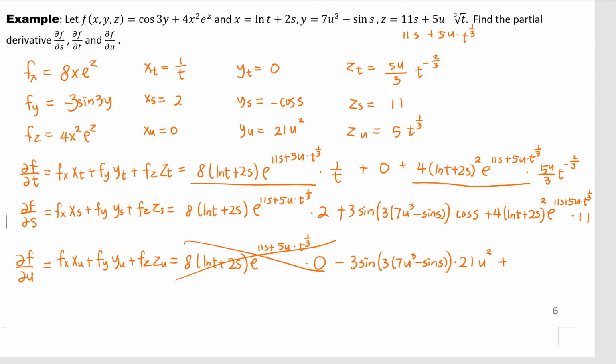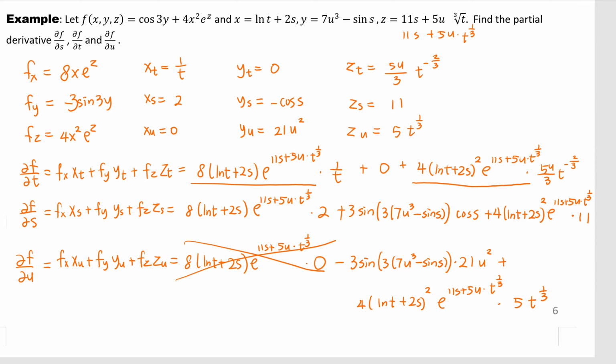Plus, now I don't have enough space, so let's do another line. fz is 4 (ln t plus 2s) squared e to the 11s plus 5u t to the 1/3, times zu, which is 5t to the 1/3. So that is our answer.